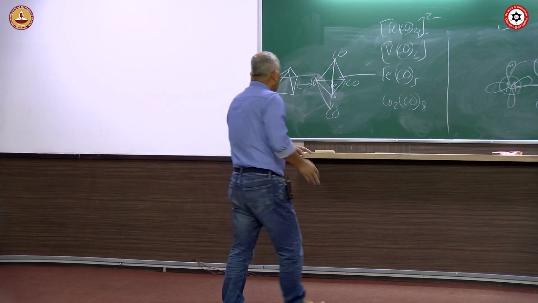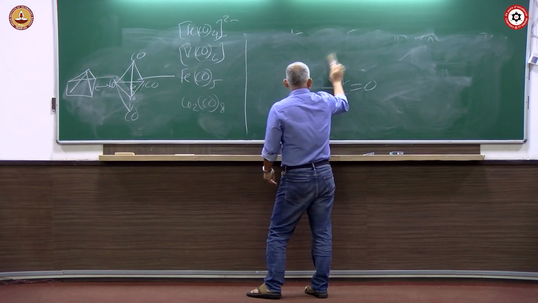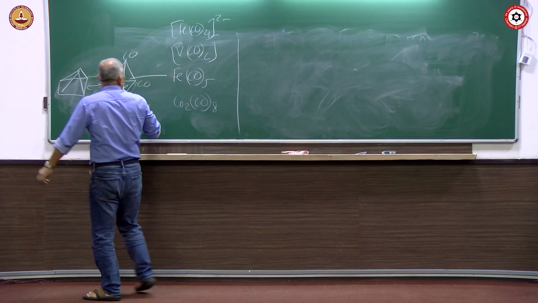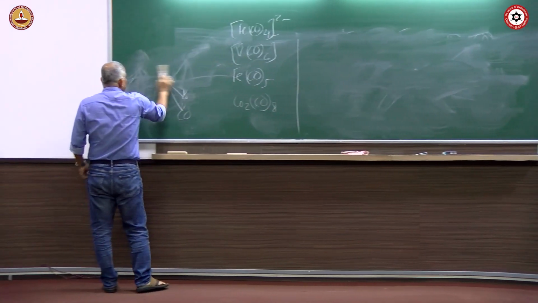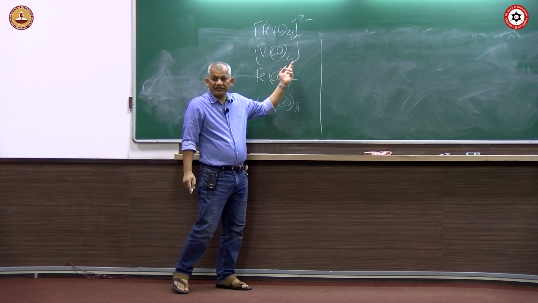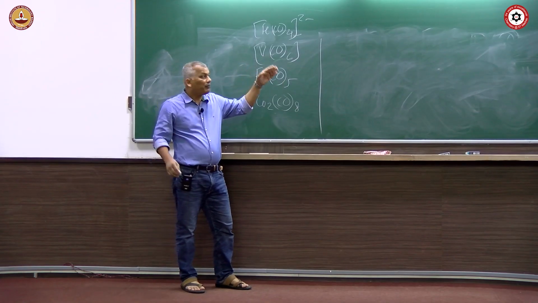Okay? Now I'm coming back to this one. If I ask you to comment on these CO frequencies, you will be able to tell, because this has a negative charge, more negative, more back bonding.